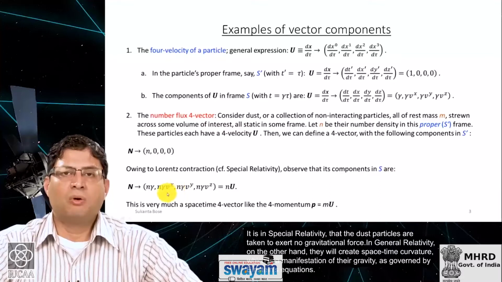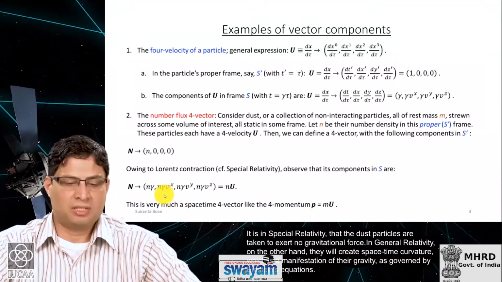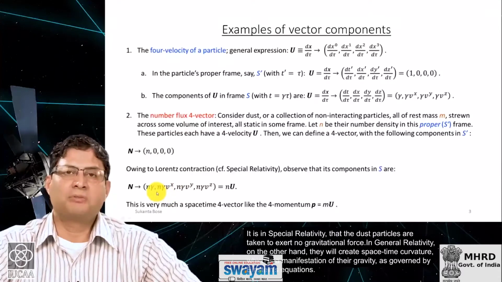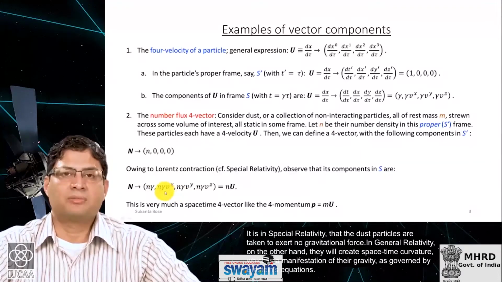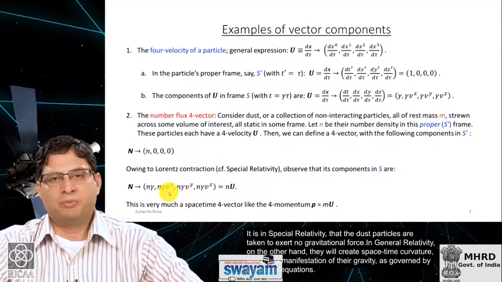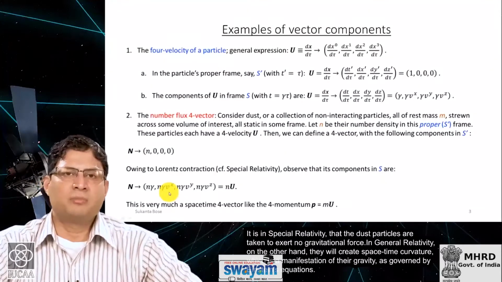So, if that were the only motion that these particles had, then even the x component will be non-zero, and one can show that the flux of particles through an x equal to constant surface would just be n times gamma times Vx.